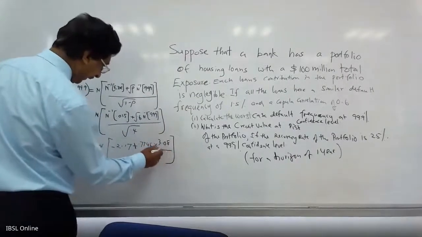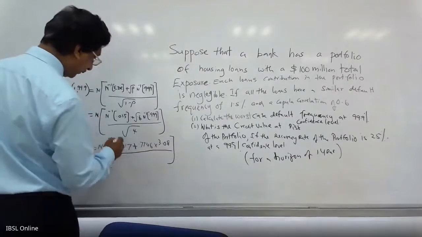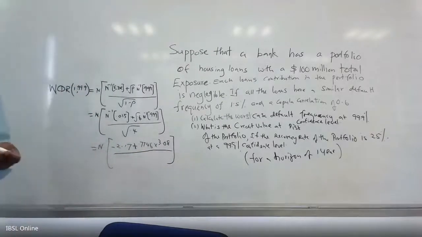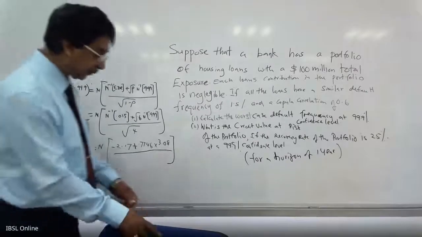And divided by square root of 0.4. What is the square root of 0.4?